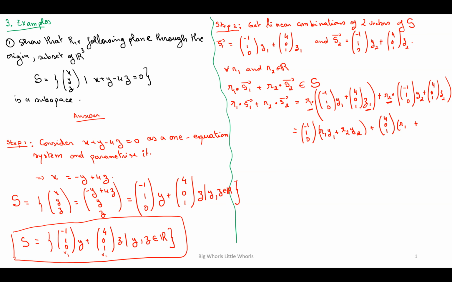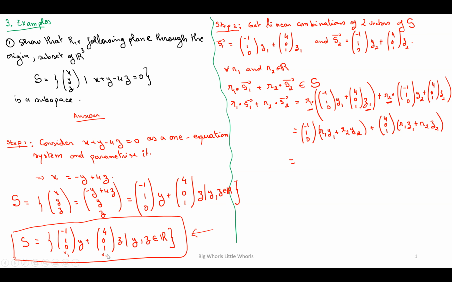Okay, so if we pick this vector, I just want to make sure that I have everything right. So we have r1 z1 plus r2 z2, and as you can see, I hope you can see clearly, our subset S is made of the combination of these two vectors, the vector (-1, 1, 0) and the vector (4, 0, 1).